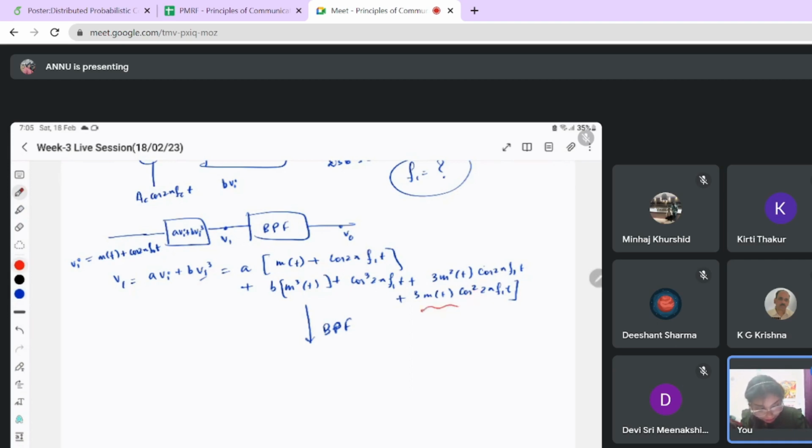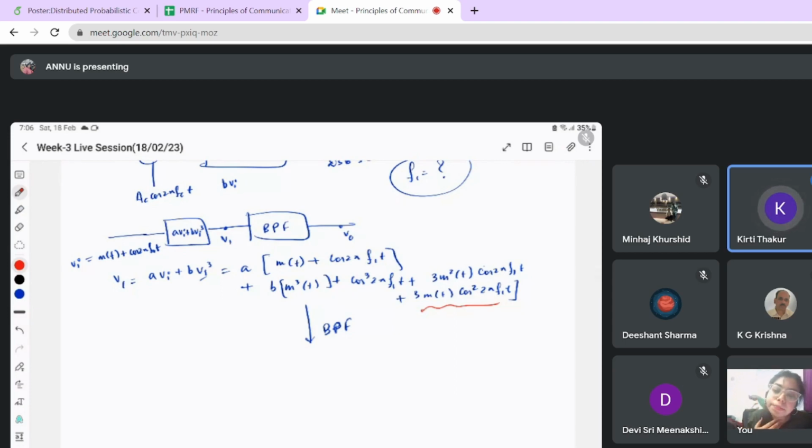Only this term will be here. Yes, cos 2 pi FCT. That only, ma'am. Actually, I wanted to say the same term. Yes, this term will be there. Can you tell me the reason? Ma'am, the frequency of that term is such that the bandpass filter will pass only those frequencies.